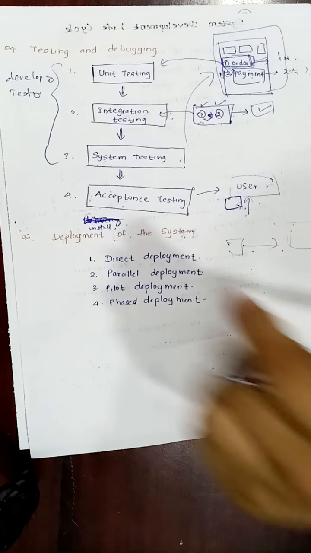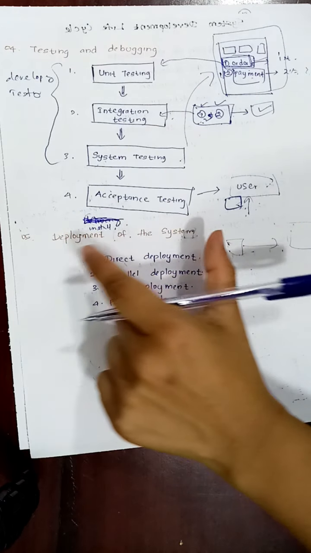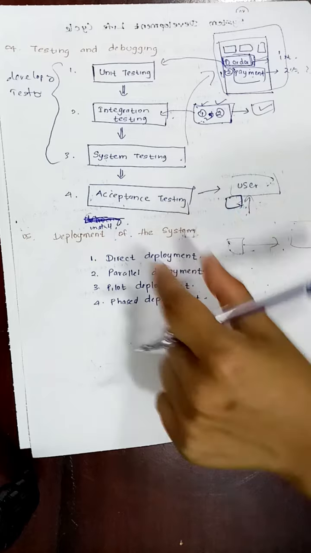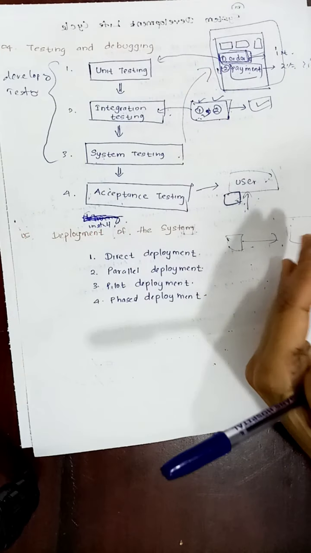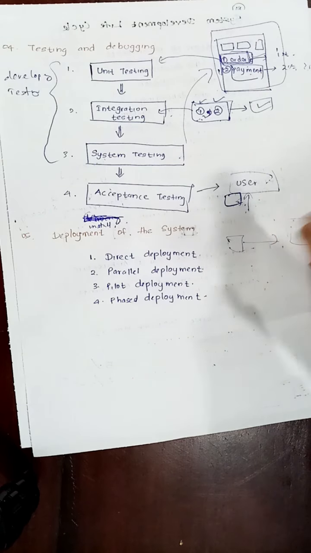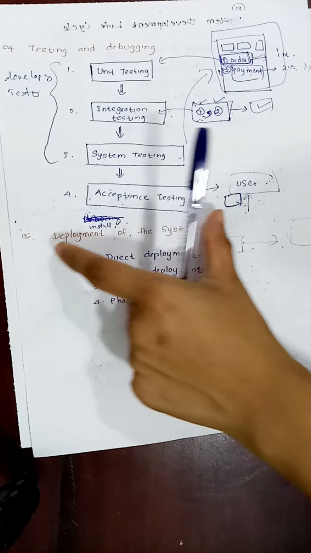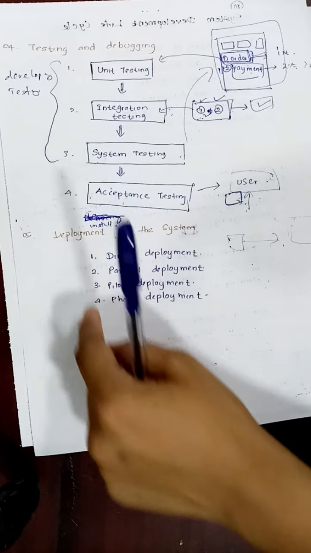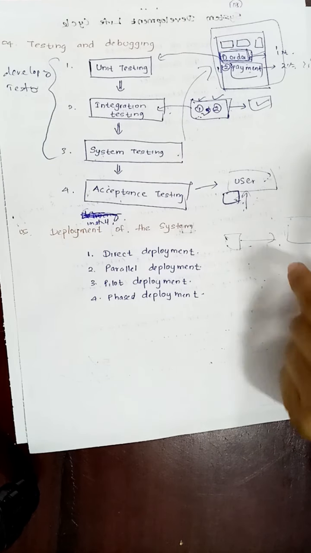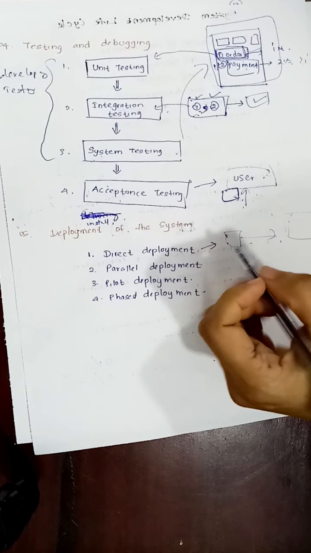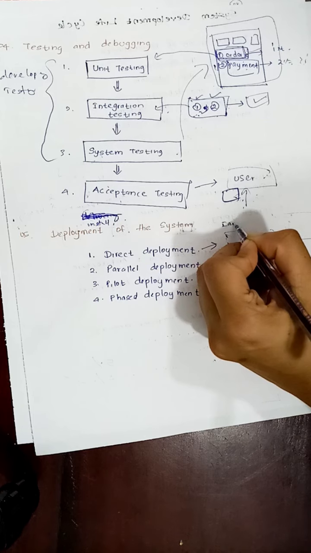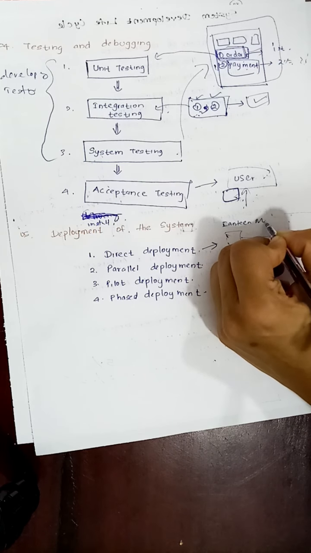Deployment of the system. Now what this step means, deployment means that the developed system is going to be installed on the user side. So deployment of the system has 4 types. First one is direct deployment. Direct deployment means, now see, we have developed a canteen management system.